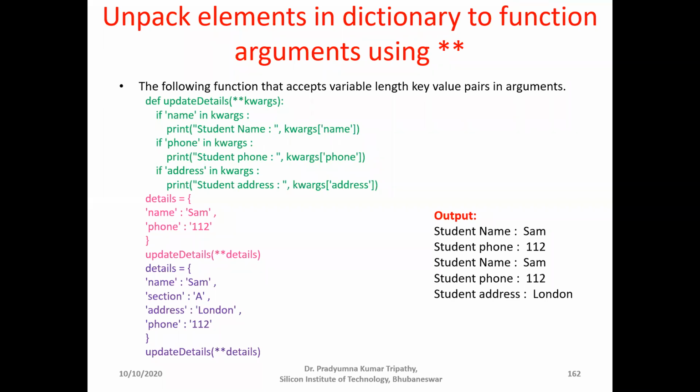But if you are specifying the field names or keys over here, then the key name should be the same as the key name that you have used, and the number of keys must be equal to the number of keys that you have used. But if you are using double star, then you don't have to remember, it automatically takes. Is that understood?